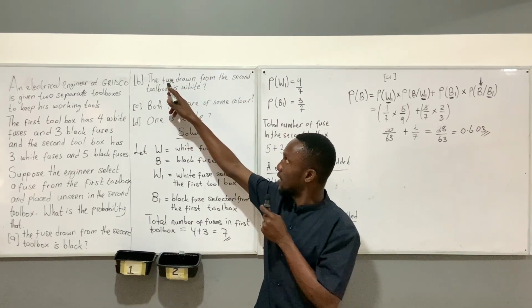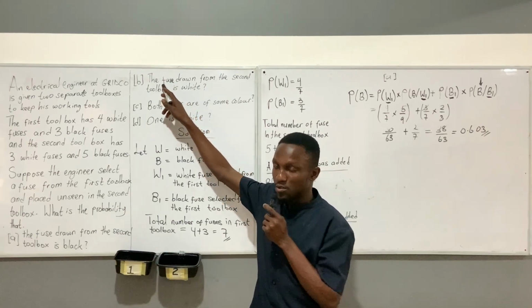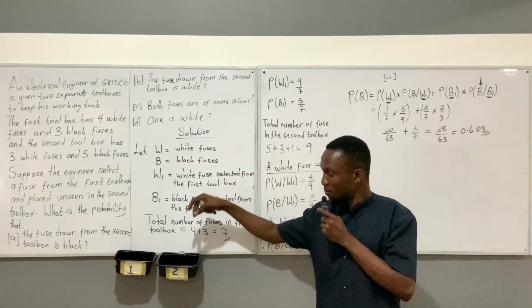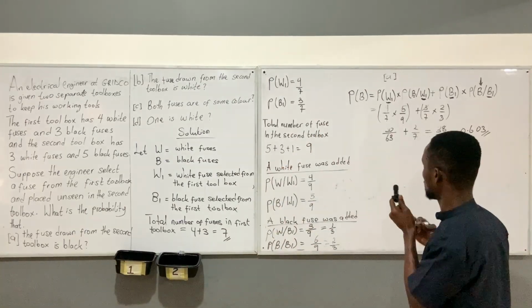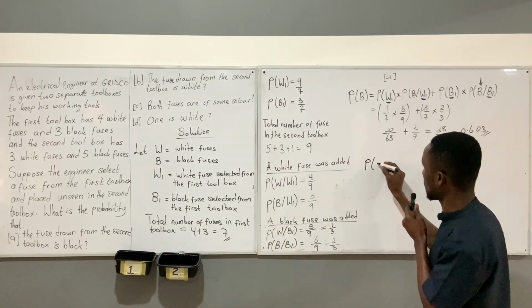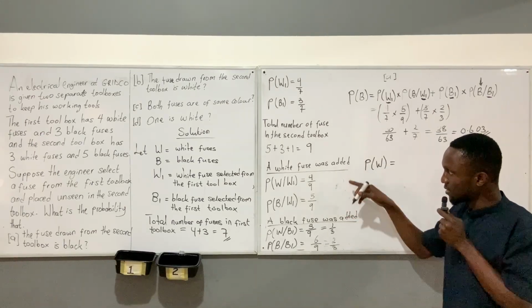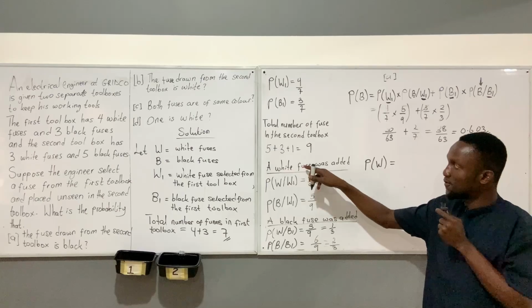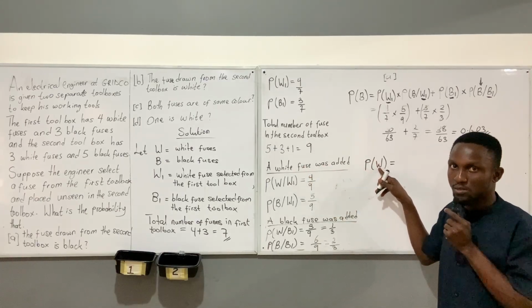I think here I wrote 2 in the beginning, so I corrected it. Okay, it's supposed to be fuse. Now we are looking for the probability that he picked a white fuse. Okay, so P of white. Now we are going to use the two scenarios again. The first scenario is a white fuse was added, and he picked a white fuse.